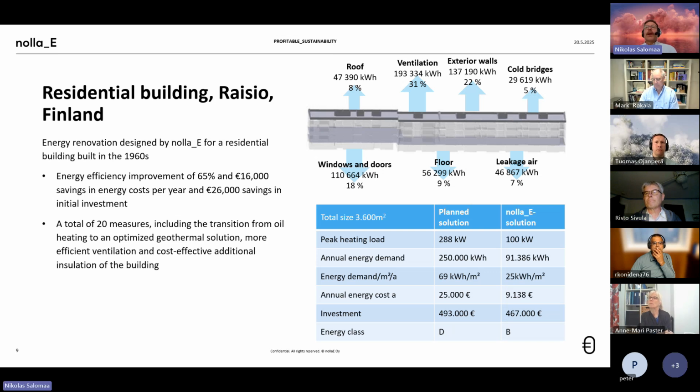Yeah, that's very interesting, because this energy rating of buildings, 5 or 10 years ago it wasn't that important. But currently it's very important because it has an impact on the value of the property.